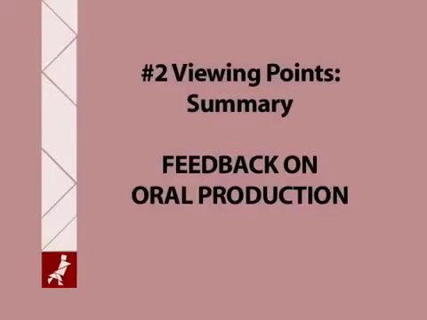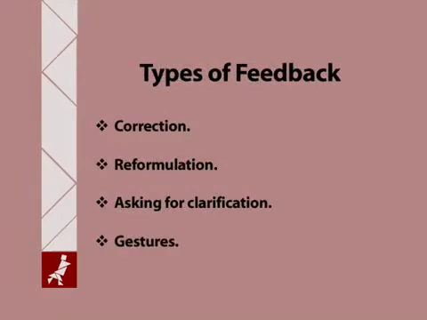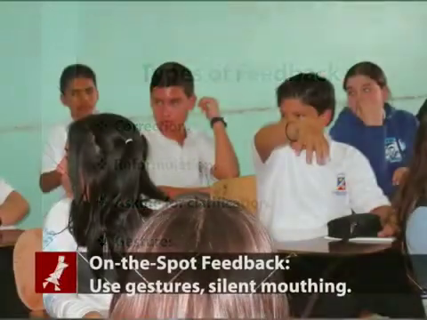Summary. Here we saw examples of students helping retell a story about a canoe ride and catching a fish with $1 million in it. The teacher used a blend of correction, reformulation, and asking for clarification techniques. She and the other students also used gestures to help the speaker continue.